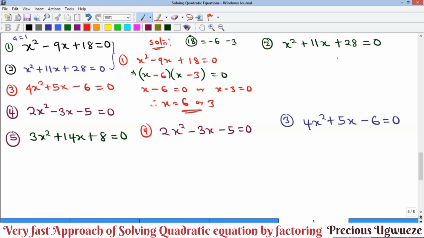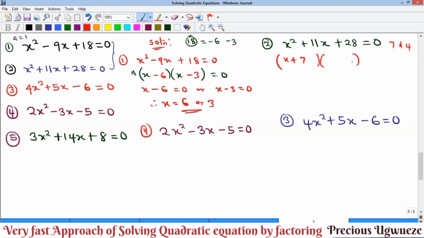Now, for this other one, the same thing. We look for the two factors. Of course, this will give us 28 times 1, which is 28. The two factors are going to be 7 and 4. 7 plus 4 is 11, and 7 times 4 is 28. So we open our brackets again. Here we'll have x plus 7.